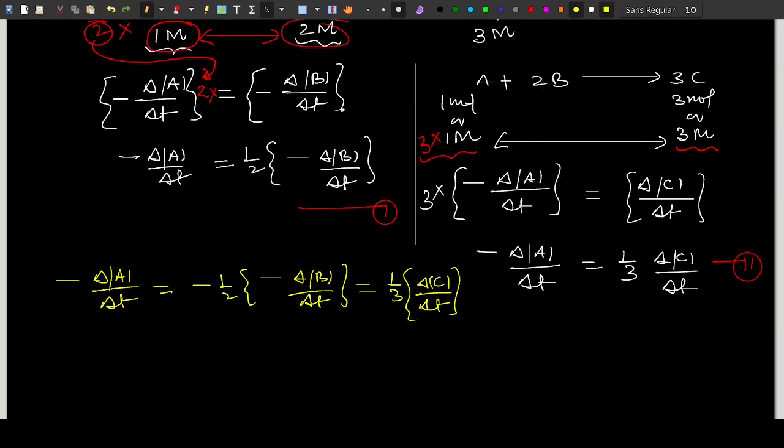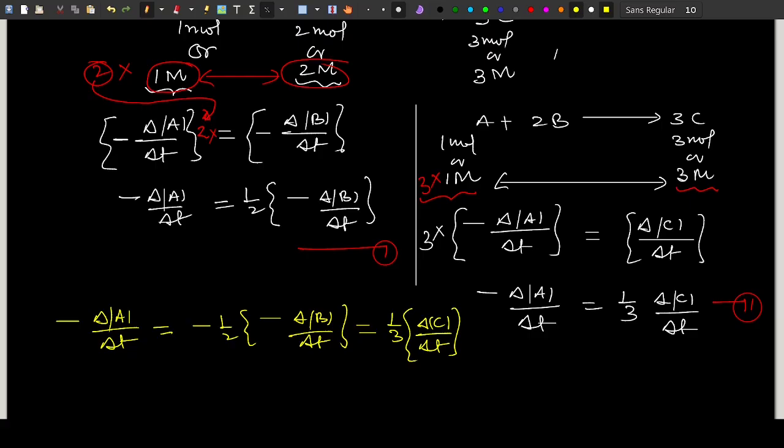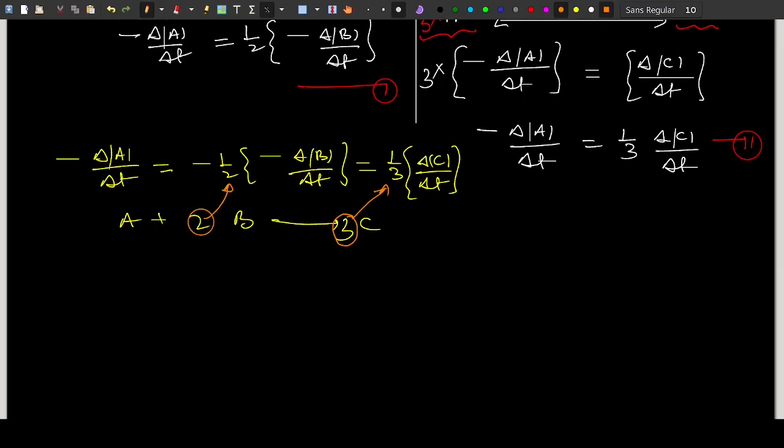So friends, what was the stoichiometry here? In this case, it was A plus 2B producing 3C. Here you divide by 2, and here by 3, the stoichiometry. So by this simple example, what was our learning?